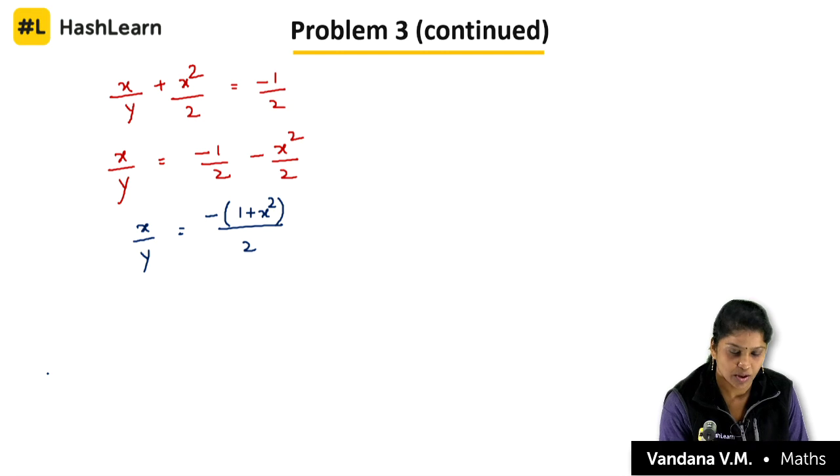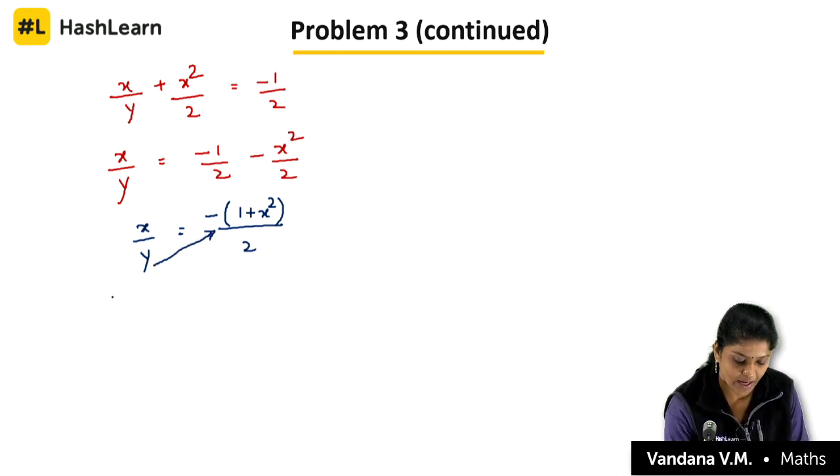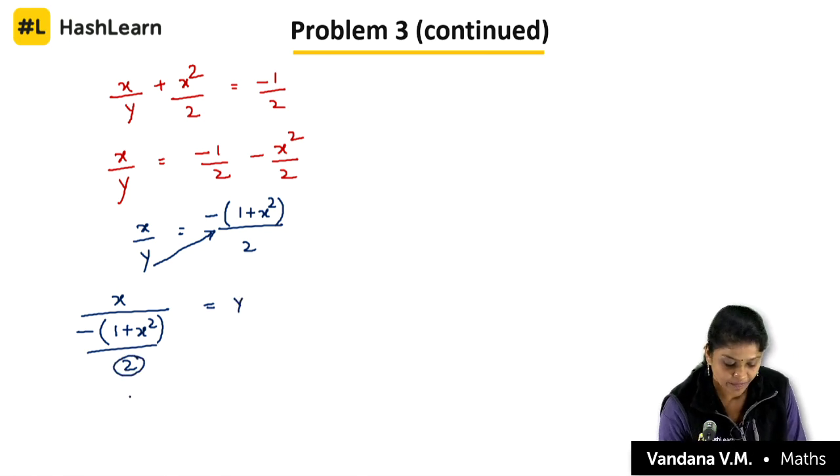Actually, what I want is the y value. So take this y this side, and bring this side. What will happen? x divided by −(1 + x²)/2 is equal to y. The 2 goes to the numerator: −2x/(1 + x²) = y.